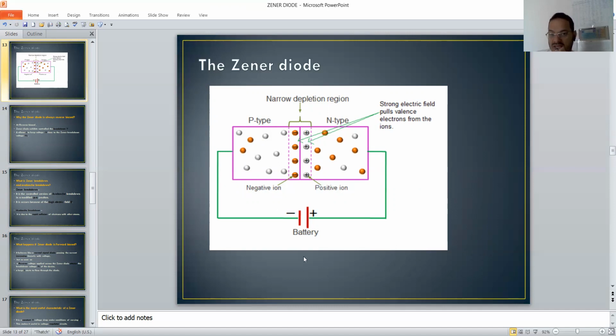And like I said, we are dealing with reverse bias, because here the positive terminal of the battery is connected with the n-type, and the negative terminal of the battery with the p-side of the diode.